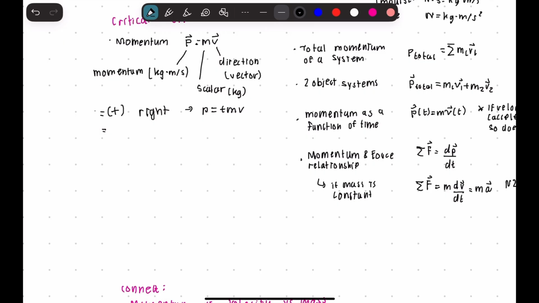Remember that if your vector is positive, it goes to the right, and if it's negative, it goes to the left, and that affects the sign on your momentum.